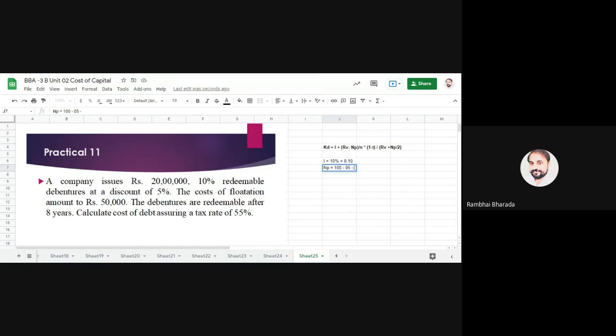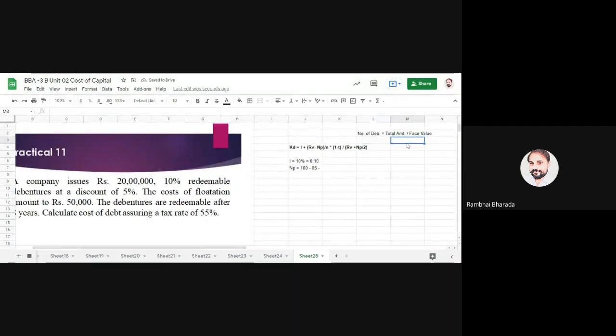20 lakhs. So first of all, you need to find the number of debentures, and then you need to find the issue cost per debenture. So I am writing here, number of debentures is equal to total amount upon face value. Total amount upon face value. Here total amount is how many? 20 lakhs.